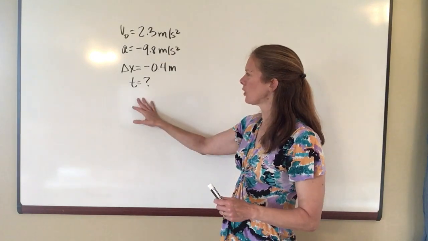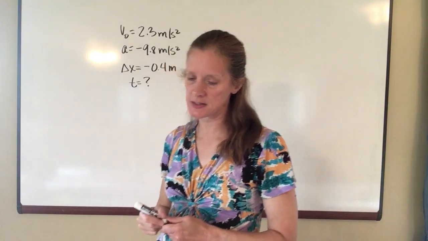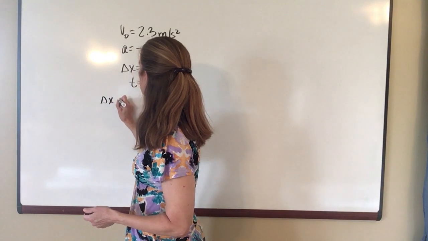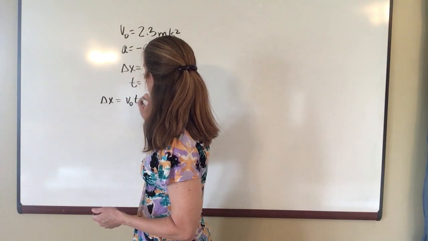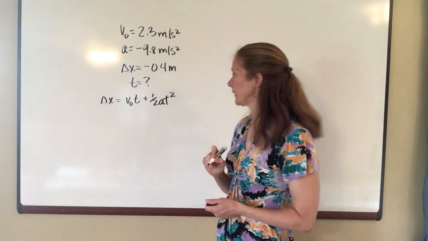Okay, so what seems to make sense is that I would want to use delta x equals v sub 0 t plus 1/2 a t squared.